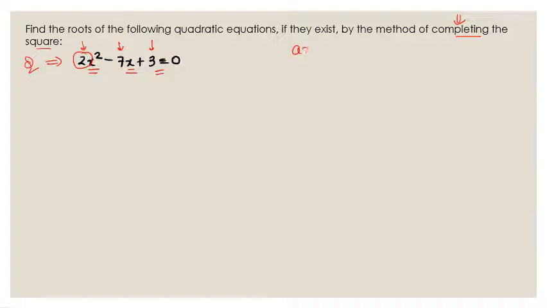Okay, so basically you have ax square plus bx plus c as the standard equation, right? So if a is here, you need to divide the whole equation by a, because by doing so you are cancelling it out, right? So what I'm going to do here is divide the whole equation by 2, right?